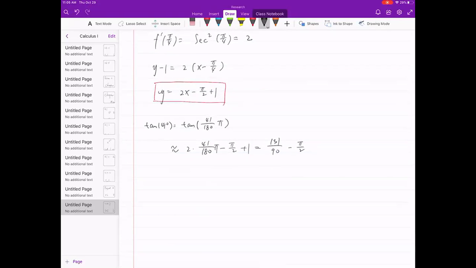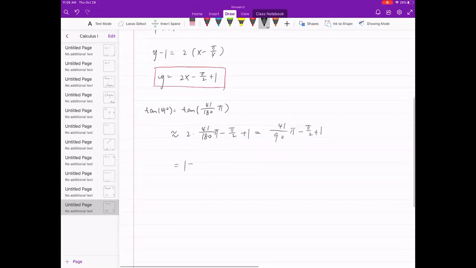Oh, that changes everything. Okay, so I made a mistake. Here I should times a pi when I change radian. I forgot that. Other than that, everything is legit.